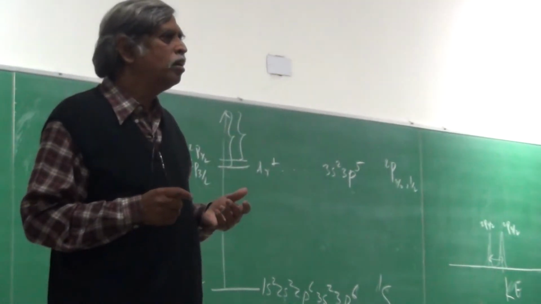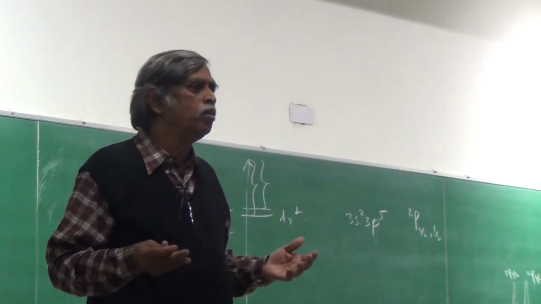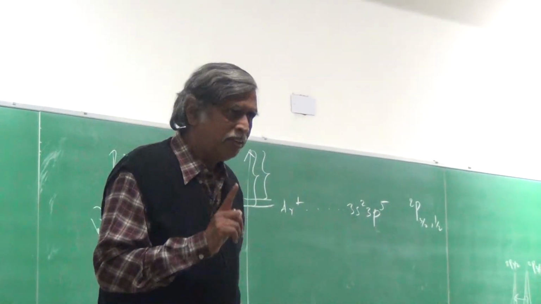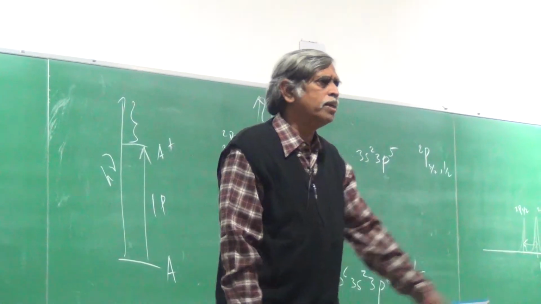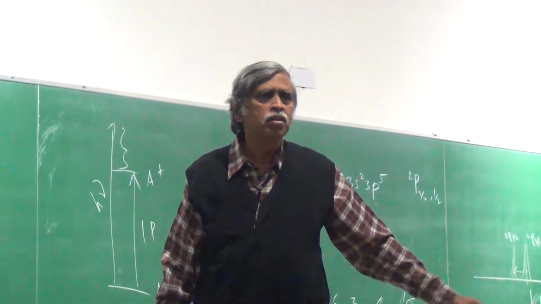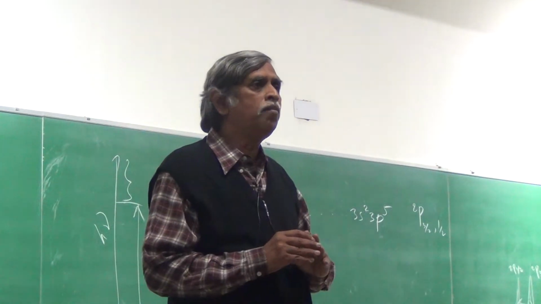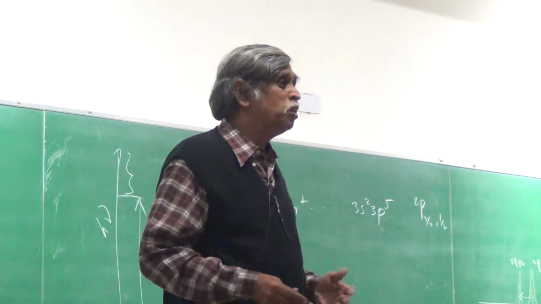How do you decide how many will go into J0, how many will go into J1, how many will go into J2 and so on? What decides that? Let's say I have a gas over here at some temperature, 300 Kelvin, room temperature. So which J level will have the most population? Who decides that?